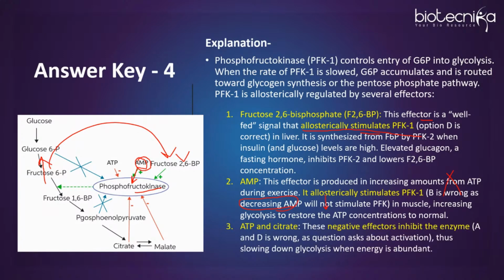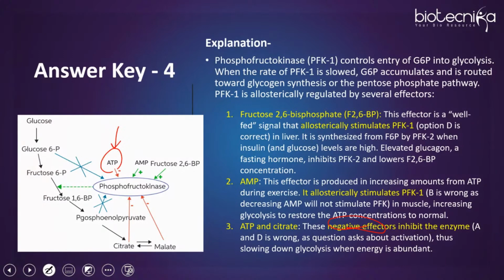And ATP and citrate are negative effectors. Think about it: if too much ATP is there, ATP is an energy currency. If there is too much energy, the cell will not need to make any more. Glycolysis is an energy producing pathway, right? So too much ATP and citrate, which is the start of the TCA cycle, will stop or slow down glycolysis.